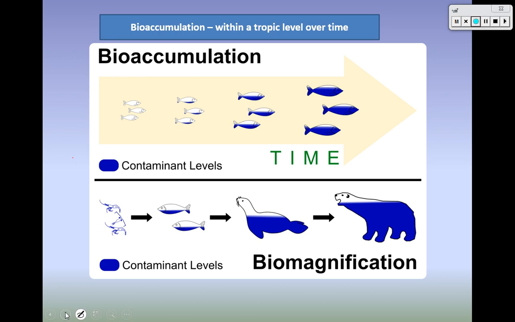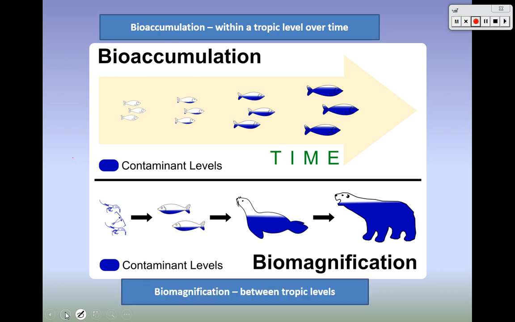So then the second type of contamination, though, is biomagnification, and that's between trophic levels. So this is, right, the polar bear is eating the seal, which is eating the fish, which is eating the plankton. Okay? Now, because we understand that it's not one polar bear eating one seal, right? One polar bear needs to eat the equivalent of 10 times as many seals. Those contaminants get what are called magnified within organisms as you move up the trophic levels.